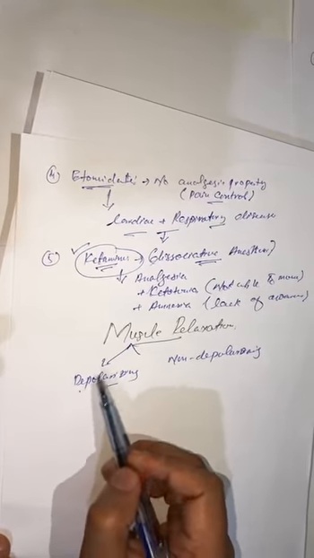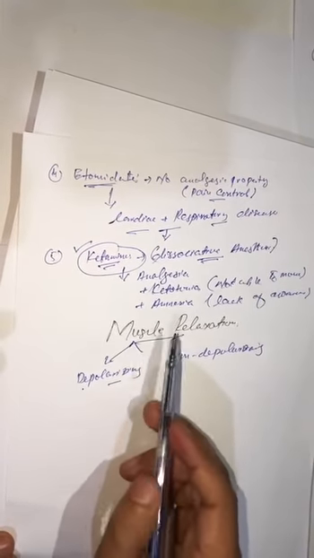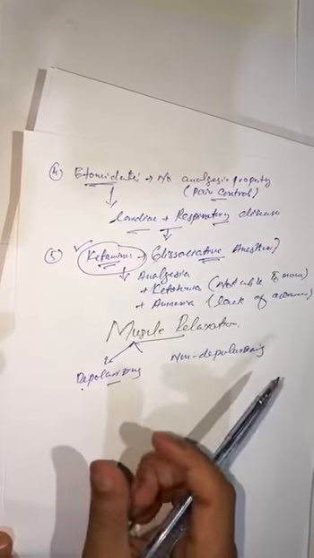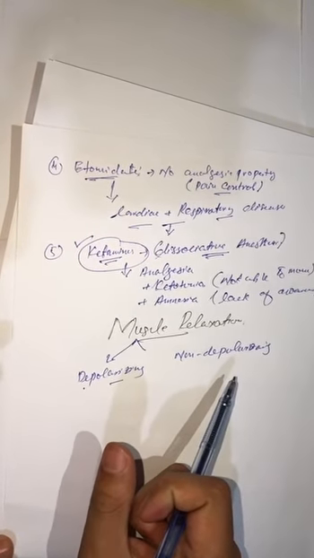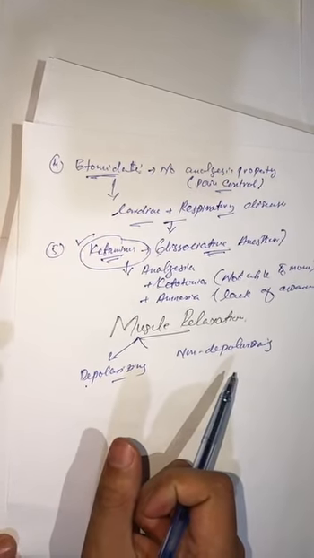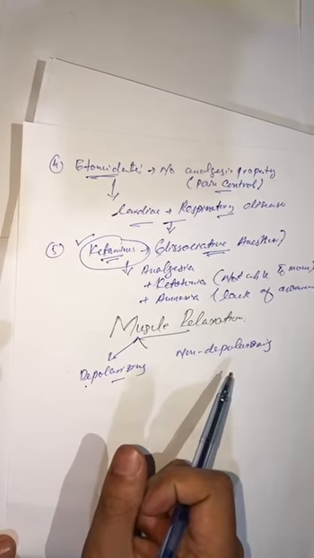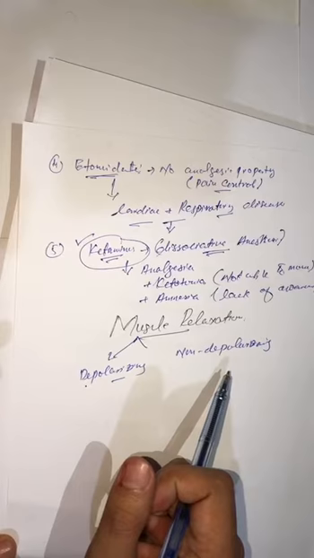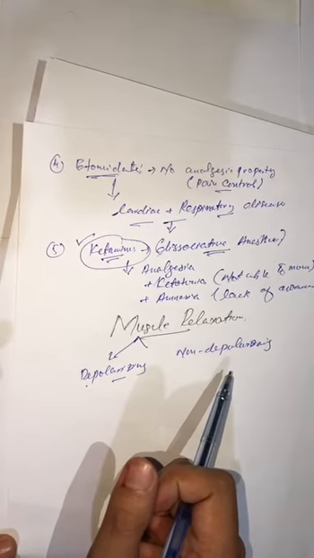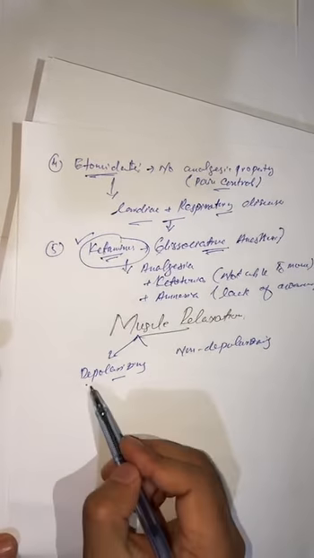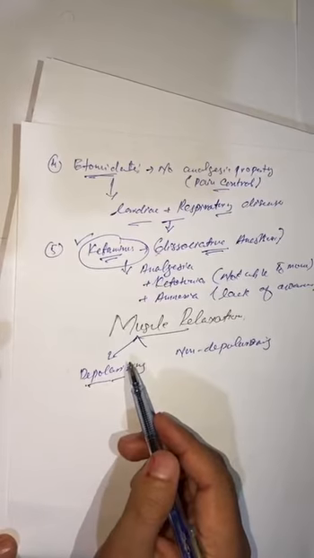What is a depolarizing muscle relaxant? These relaxants do continuous, again and again depolarization of the skeletal muscles. So eventually the muscle gets tired because of no time for repolarization. So the muscle goes into a relaxed state.